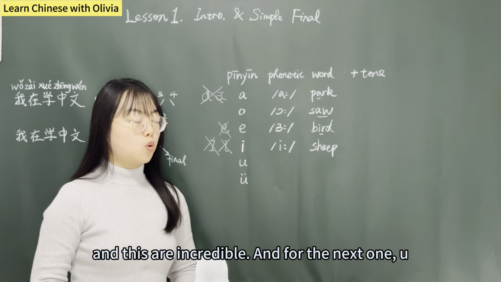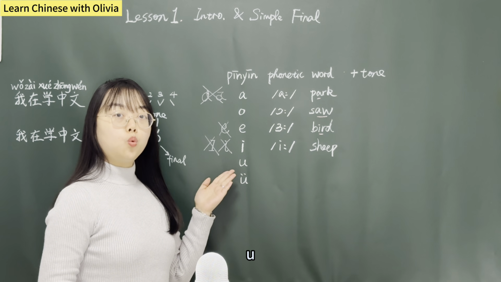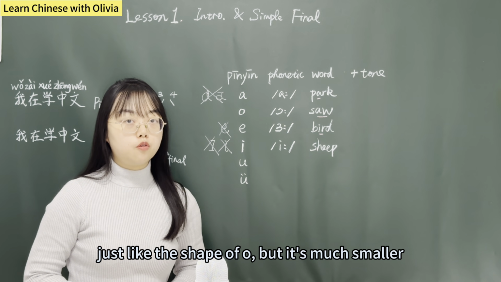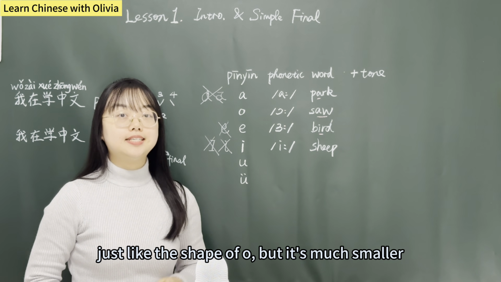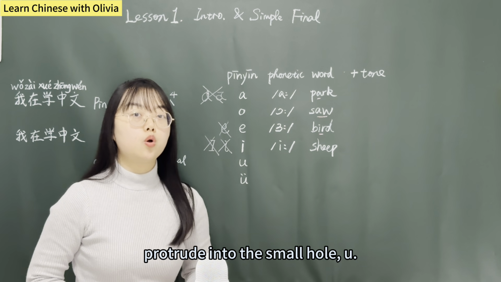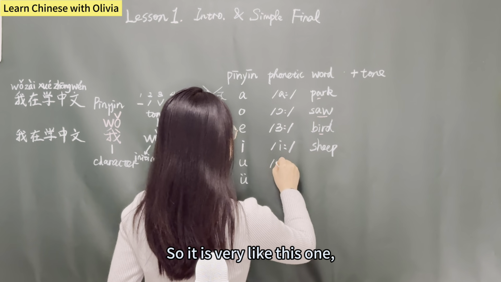And for the next one, round our mouth just like the shape of O, but much smaller, protruding into a small hole. So it is very like this one.